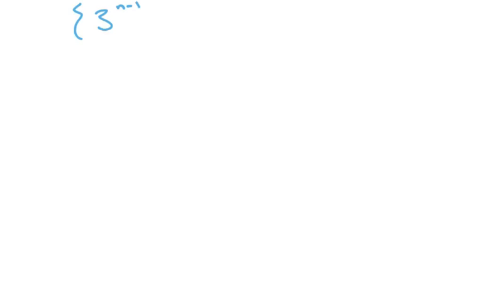Okay? And the next one we have is our sequence as 3 to the n minus 1 over 2 to the n. So our next term is going to be 3 to the n plus 1, which, sorry, I cleared the page. Let me do it again. So I have 3 to the n minus 1 all over 2 to the n.